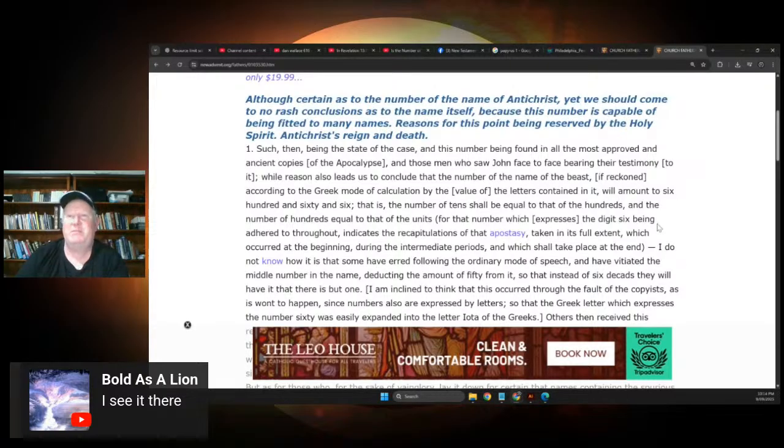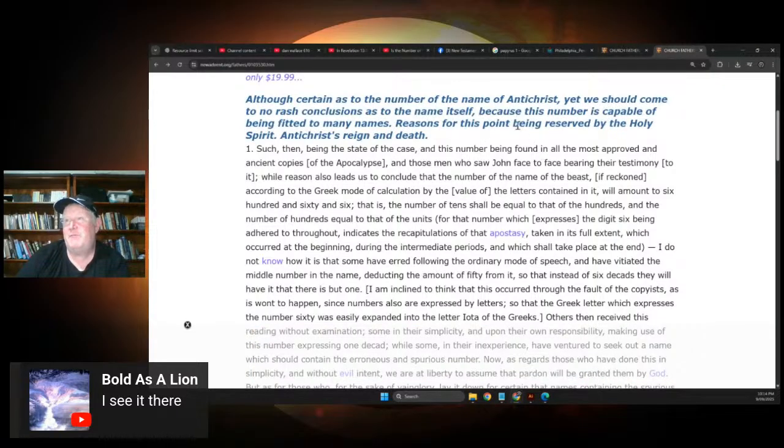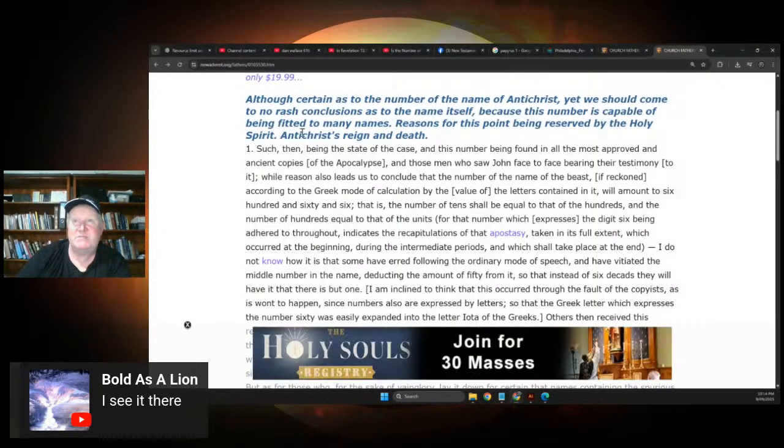I've seen all of these people have links to 666, because this number is capable of being fitted to many names. Reasons for this point being reserved by the Holy Spirit, Antichrist, reign, and death.